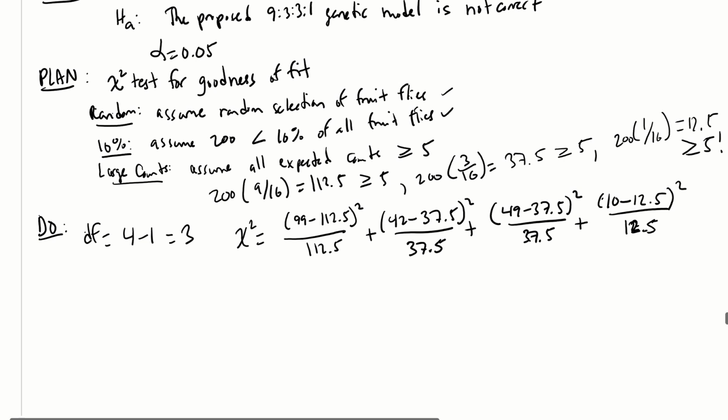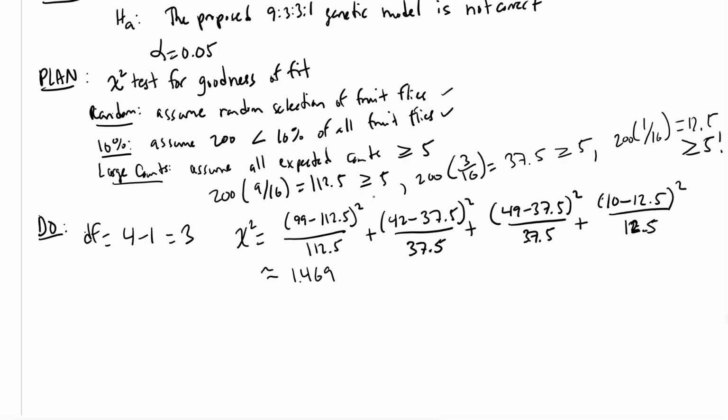All right, so there you go, and we can calculate that. When we calculate that, we should get approximately 1.469, around there. We'll do this on the calculator just to verify that.